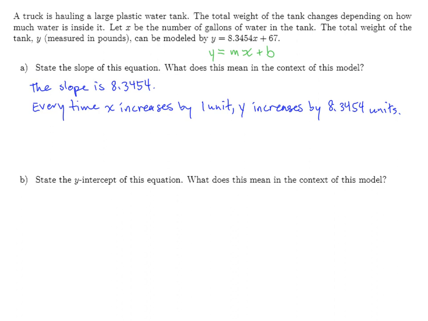So thinking about what that means in context, the units on x are gallons of water, and the units on y are pounds. So thinking about this slope in context, this means that for each additional gallon of water, the total weight of the tank will increase by 8.3454 pounds.